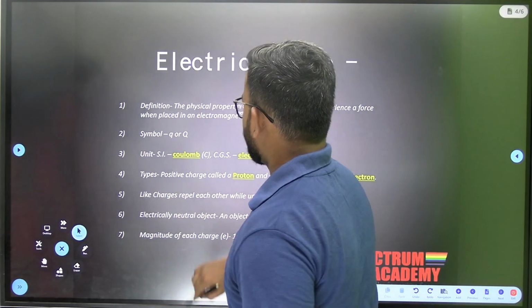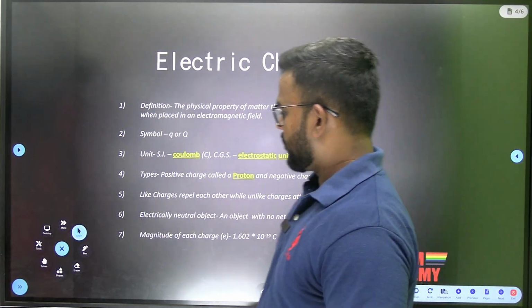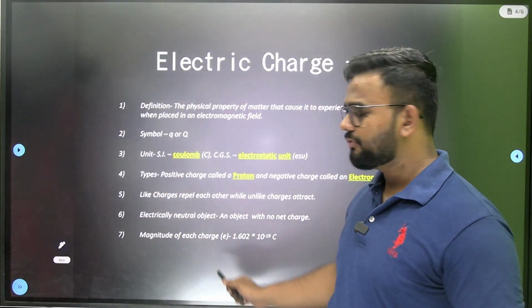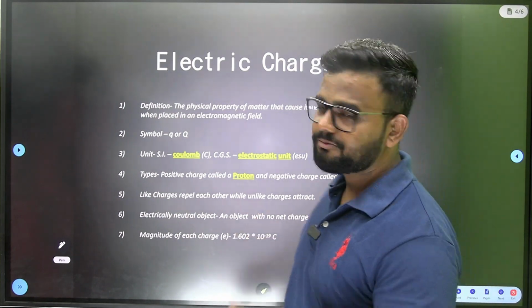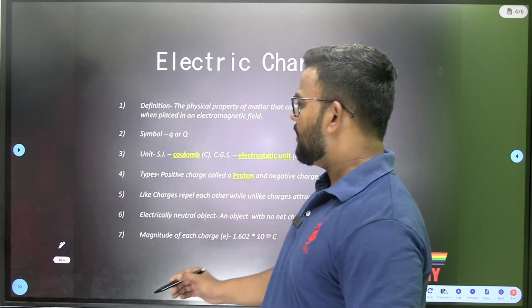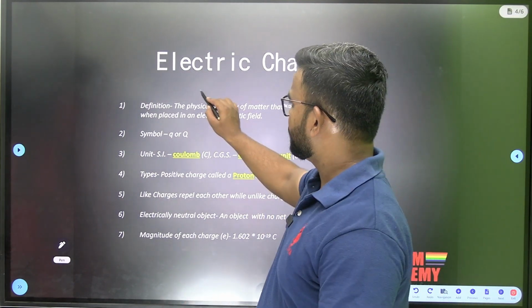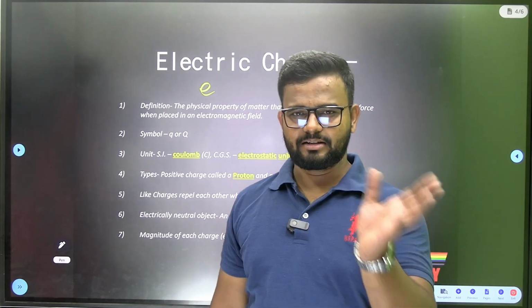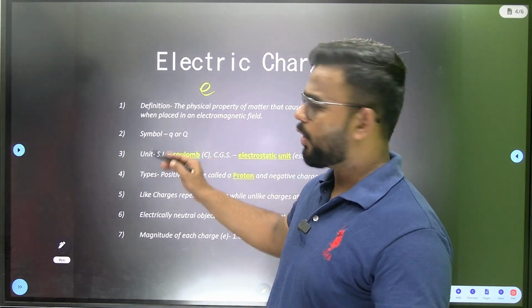Alright. So the point I have written here is the magnitude of each charge. Suppose I have a positive charge or a negative charge. Basically we denote charge with the letter small e. Small e literally means a charge, either positive or negative.